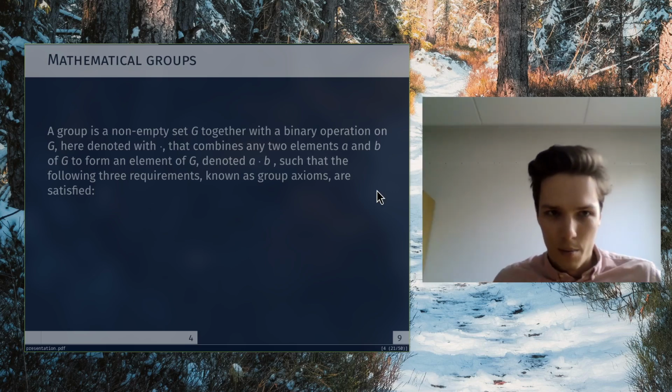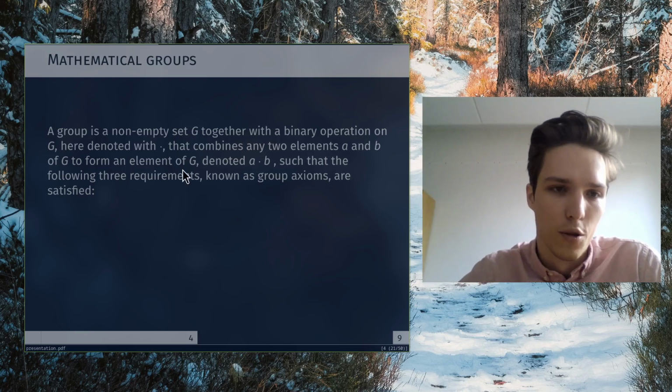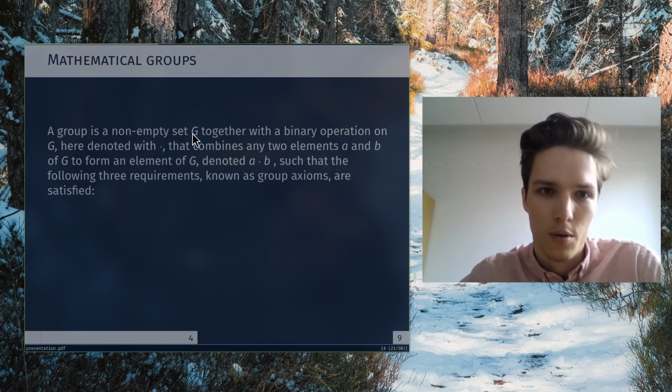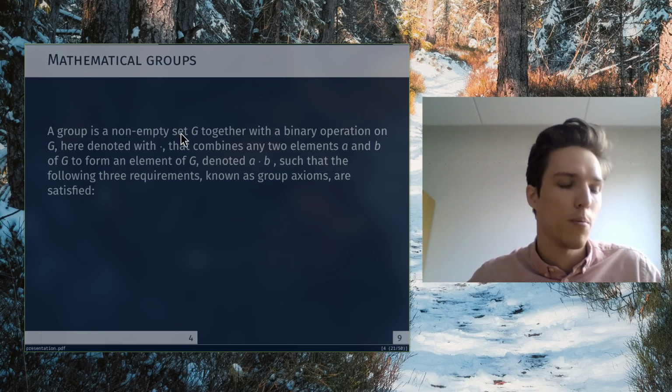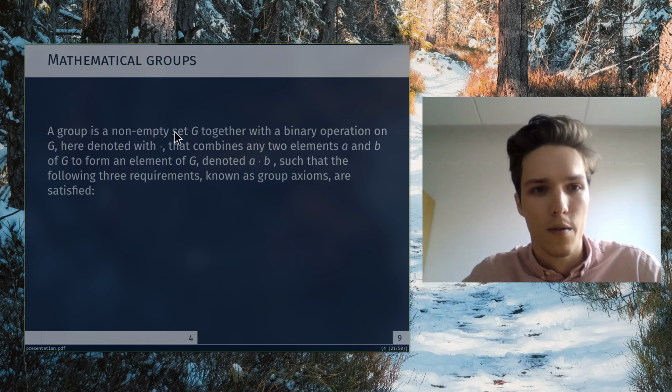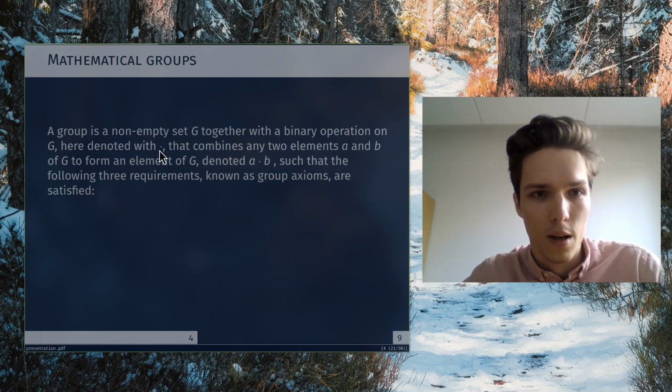So the first concept that we need is the concept of a mathematical group, and I will read the definition for you here. A group is a non-empty set G. So set G, that could be a real line, it could be 5 different numbers, whatever. Okay, some non-empty set G, together with a binary operation on G, denoted by the dot.